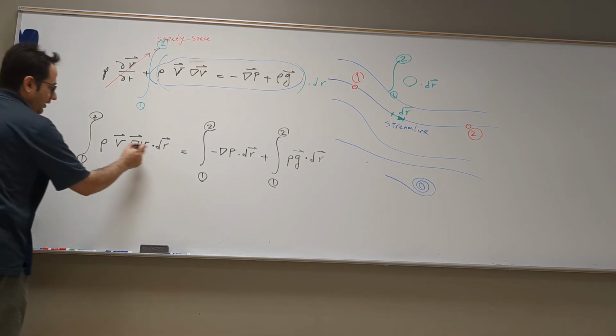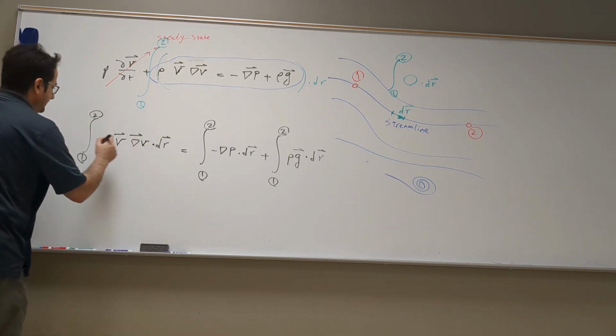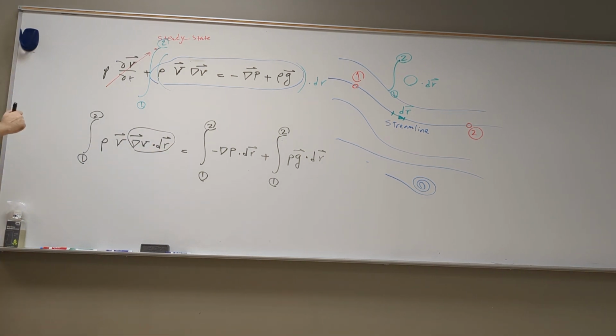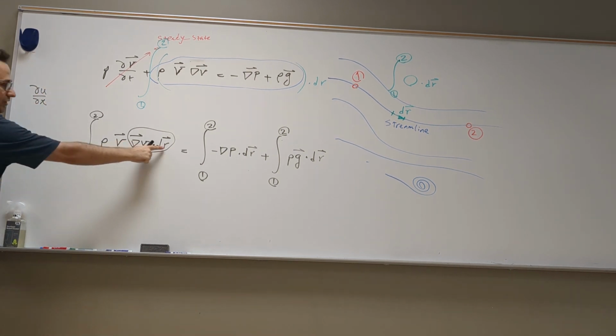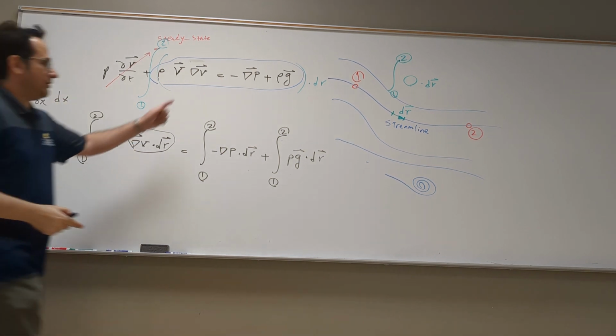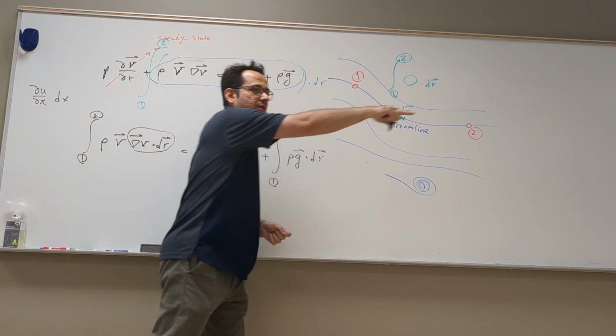Now, I want to show you why you get dV for this term. In 1D, that gradient is partial u partial x, right? And dr is dx in 1D, if you just consider this one-dimensional streamline.